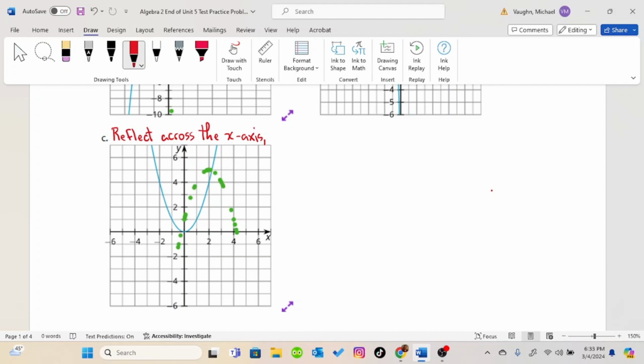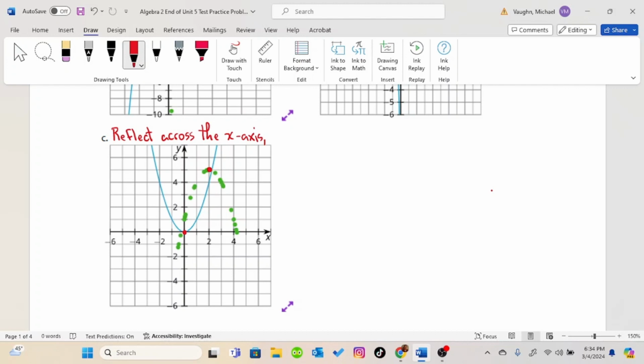Then we're going to identify the vertex right here at the origin, 0, 0, and then the vertex of the green data points is right here at +2, +5.